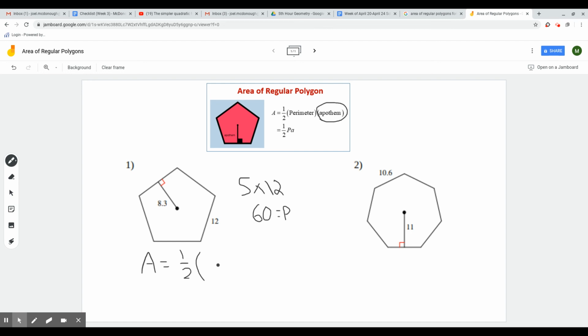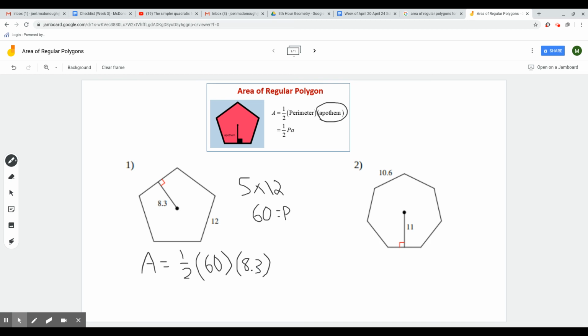So I'm going to take 1/2 times the perimeter, which is 60, and multiply that times my apothem, and my apothem is 8.3. Just like you, I would grab my calculator and take half of 60 and then multiply that by 8.3.